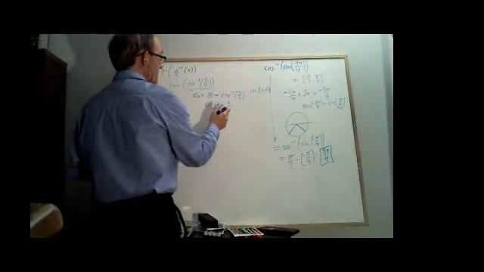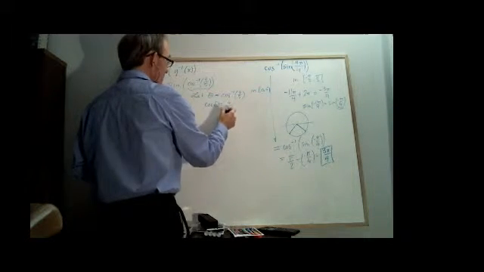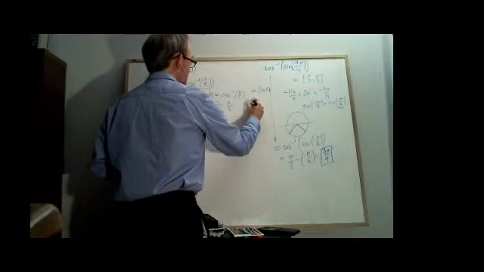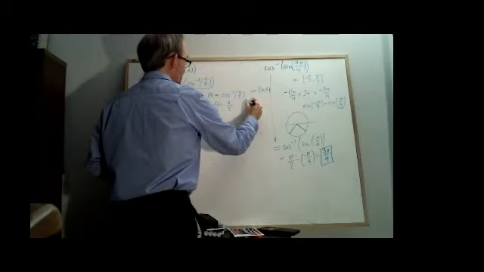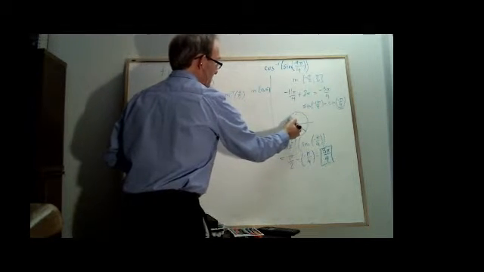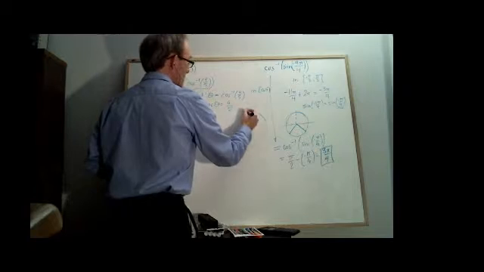But we also know another thing. This positive value for the cosine means that you can't go into the region where the cosine is negative. The cosine is negative in the second quadrant.